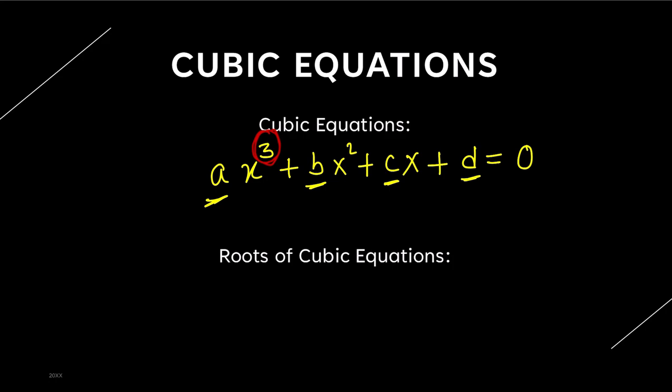If you are not able to recall it, go back and watch the last video on quadratic equation. You will understand that a quadratic equation has only two roots, right? A cubic equation has not one, not two, but three roots: alpha, beta and gamma.